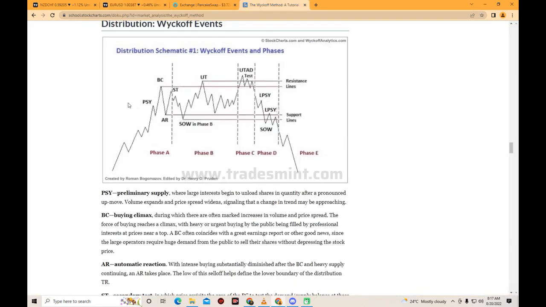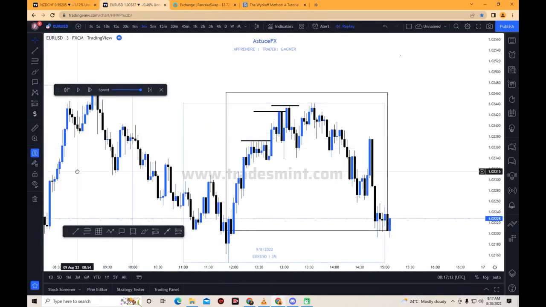Or let me start from the beginning. We have this manipulation, second manipulation, third manipulation, and actually a fourth manipulation. I think the fourth manipulation is going to be this small level created here. Okay, now I get back.